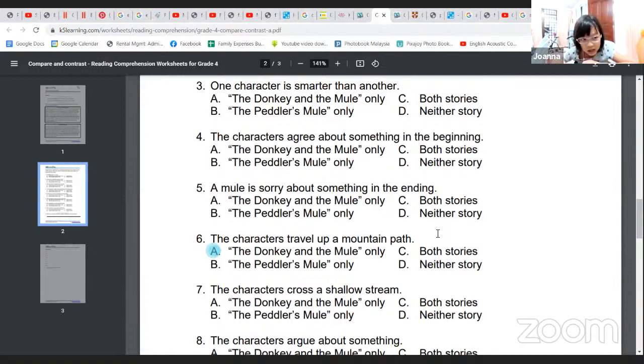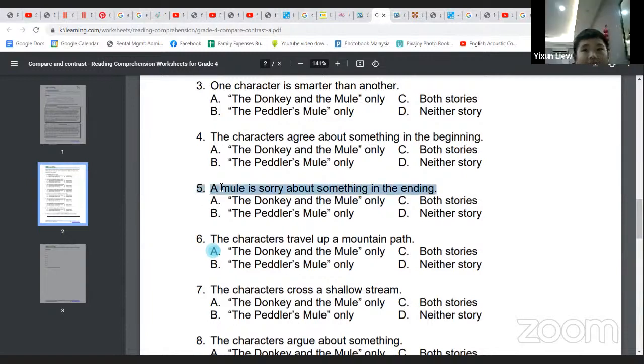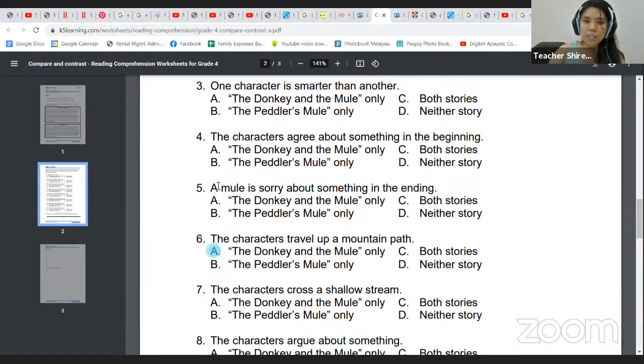The peddler's milk. Okay, the donkey and the mule. Mule. Okay, you just read very hard. Mule. 很难读对不对?